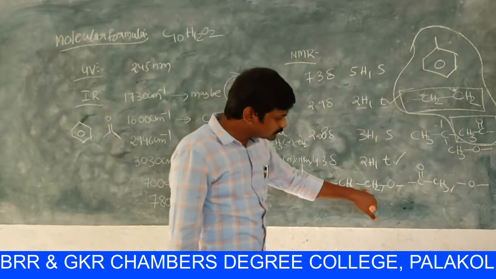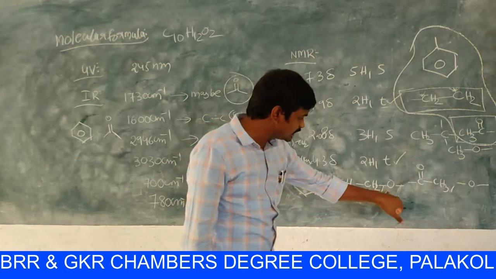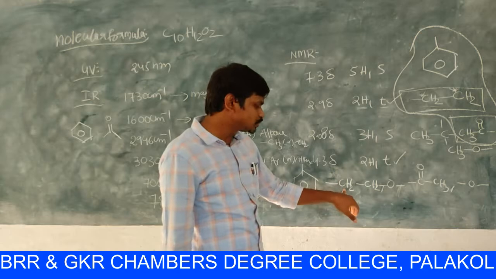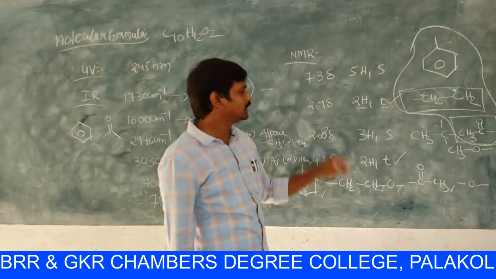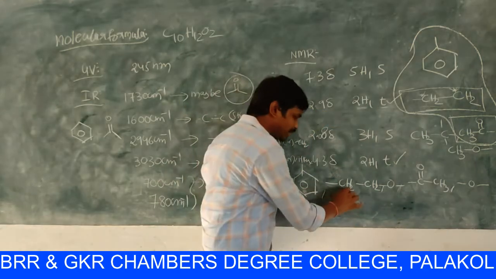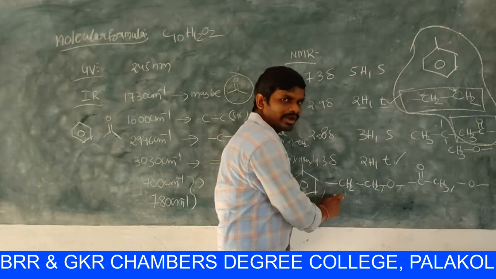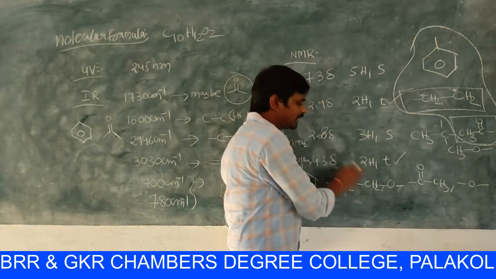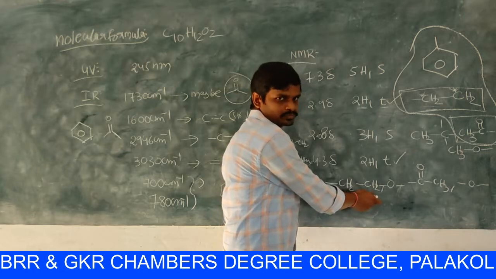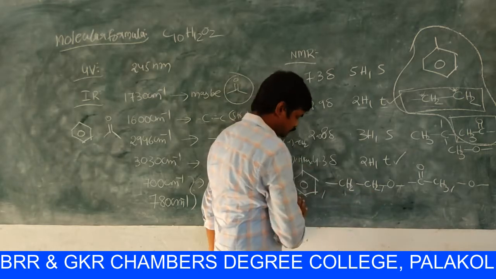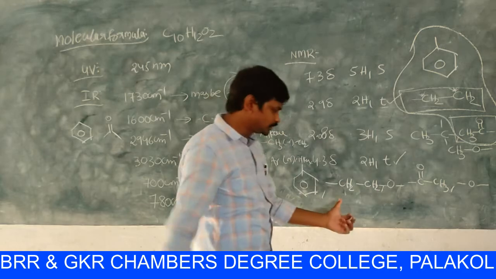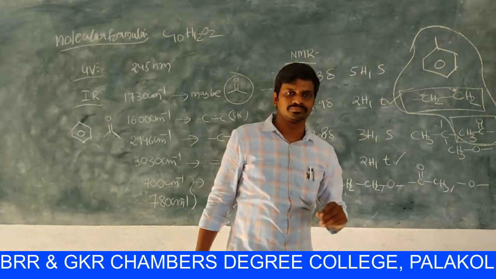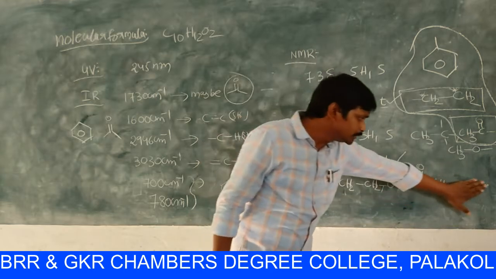This 2 hydrogen triplet appears at 4.3 delta, and this 2 hydrogen triplet appears at 2.9 delta. So these are the 3 units: one monosubstituted benzene ring, CH2 CH2O, and C double bond O CH3.